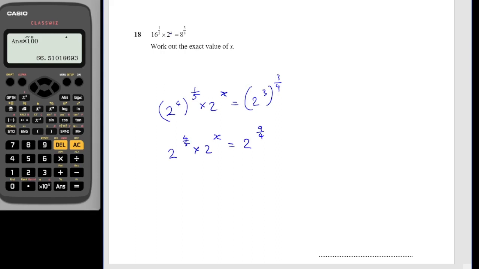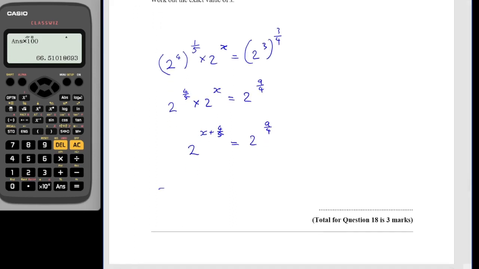Okay, so when we multiply, we add the powers, so that means that really we've got 2 to the power x plus 4/5 is equal to 2 to the power 9/4. So x plus 4/5 is equal to 9 over 4. So x is going to be equal to 9 over 4 minus 4/5. So we put them both over 20.